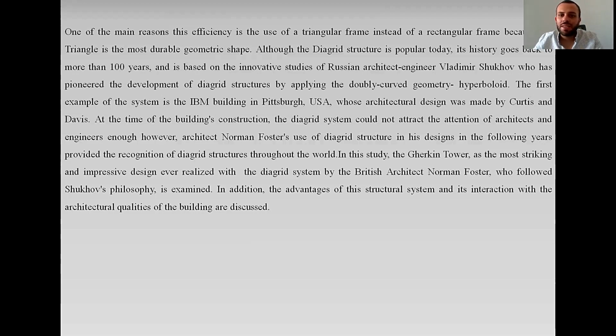Although the diagrid structure is popular today, its history goes back more than 100 years. Based on innovative studies, the Russian architect and engineer Vladimir Shukhov pioneered the development of diagrid structures by applying the doubly curved geometry of the hyperboloid.